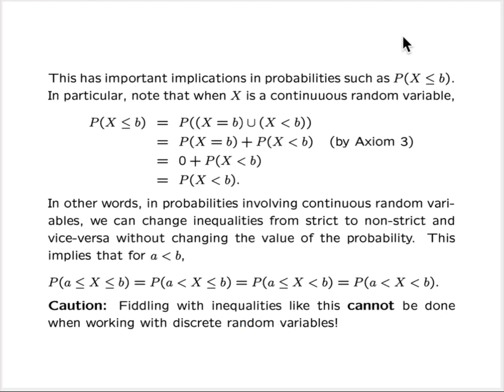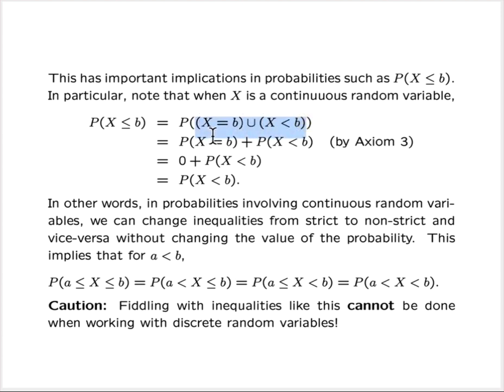So this has important implications in probabilities such as the probability that X is less than or equal to B. In particular, note that when X is a continuous random variable, the probability that X is less than or equal to B is equal to the probability of the union of these two events.